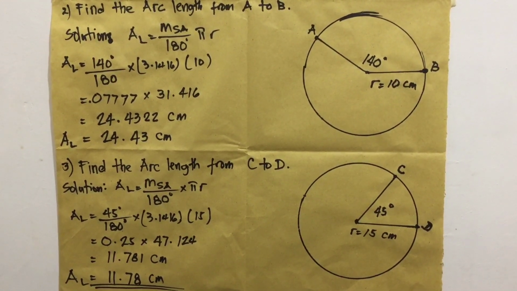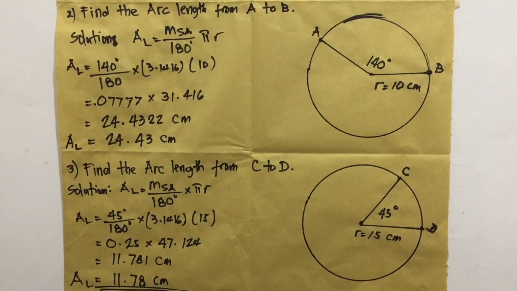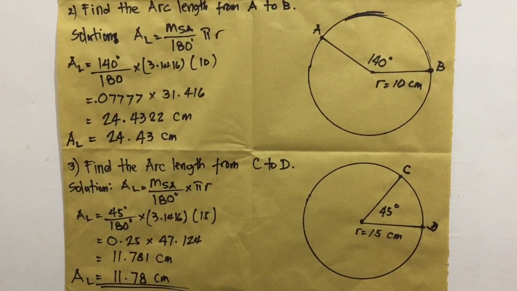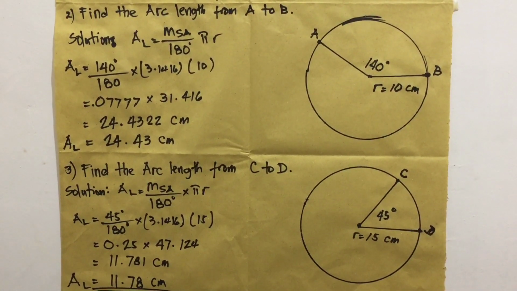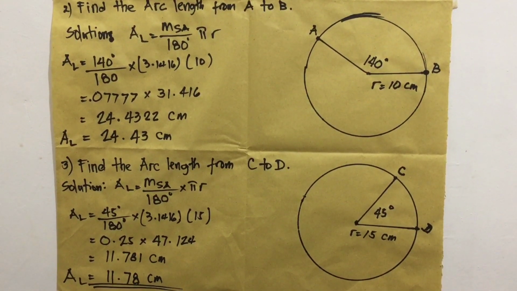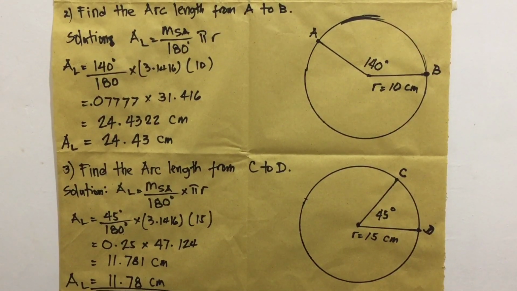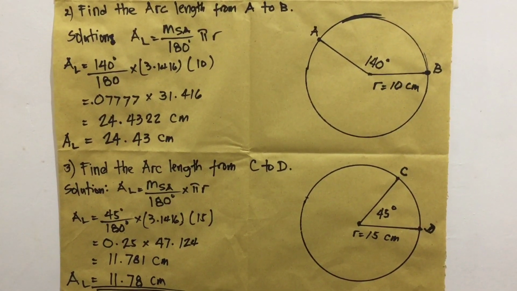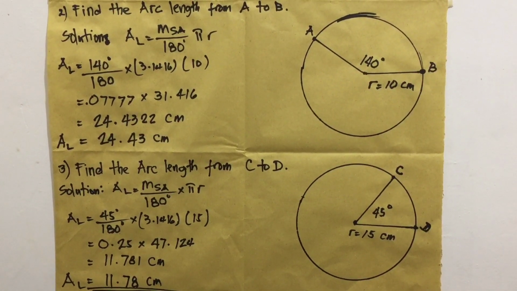And to find the arc length, we also have to remember the formula, which is arc length equals the measure of subtended angle over 180 degrees times pi, which is 3.1416, the value, times the radius.